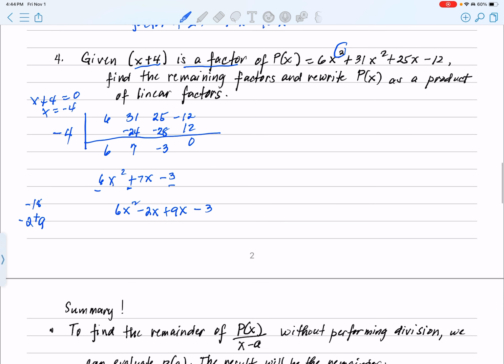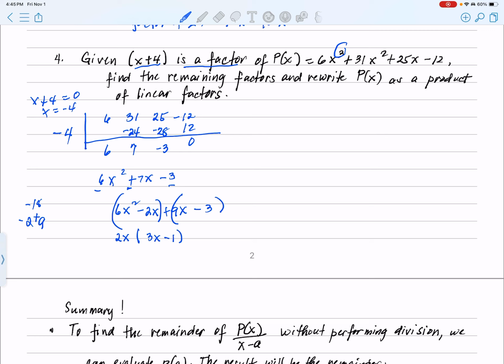We regrouped that. What's common in the first group? 2 and x. 6x squared divided by 2x is 3x. Negative 2x divided by 2x is negative 1.